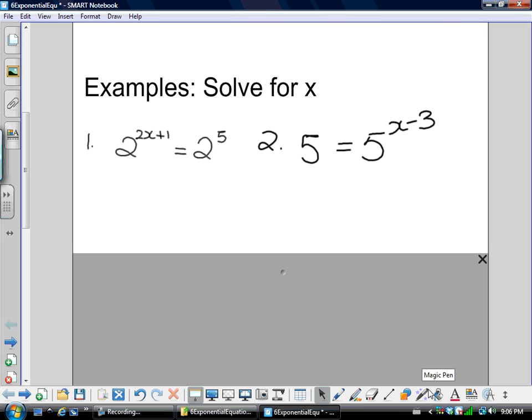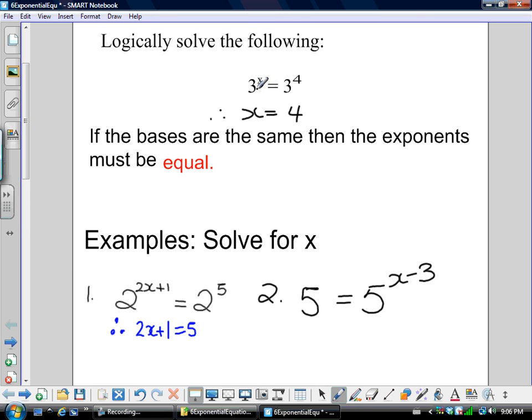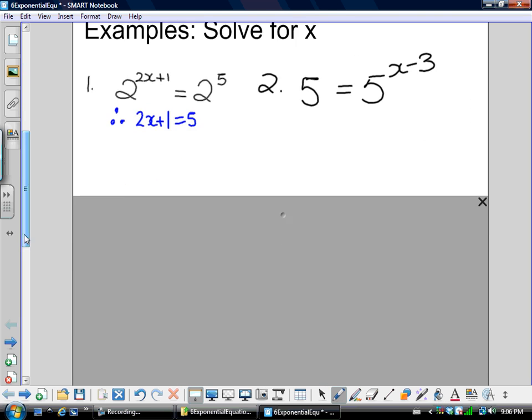Therefore, and so we're literally going to put therefore, the exponents, which is 2x plus 1, has to equal 5. Okay, it works the same way. Up here, 3 to the x equals 3 to the fourth. Bases are the same. Therefore, you told me x equals 4. Logically, it still applies here.